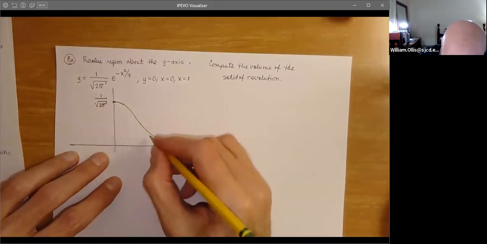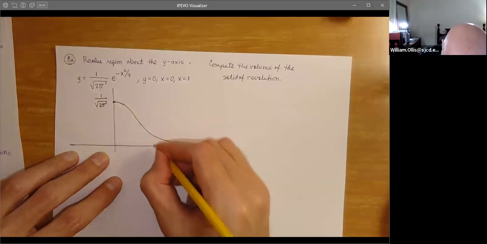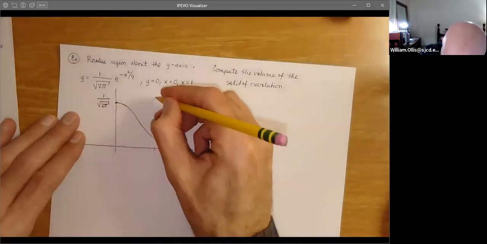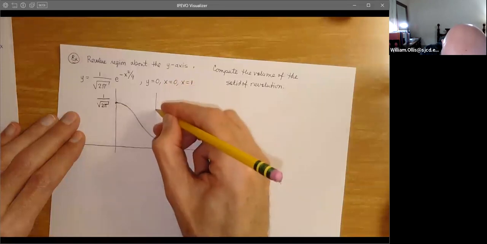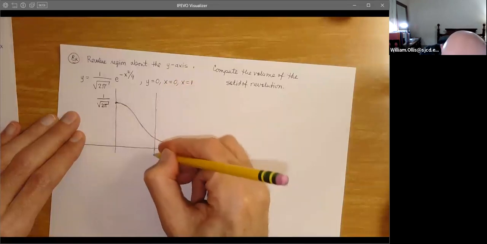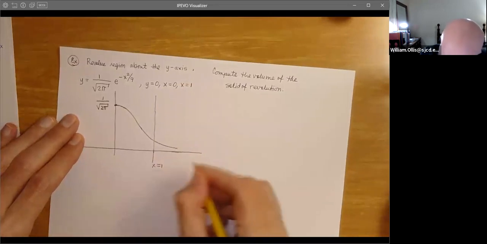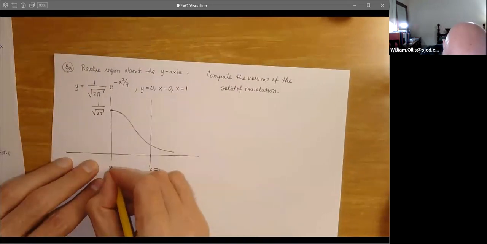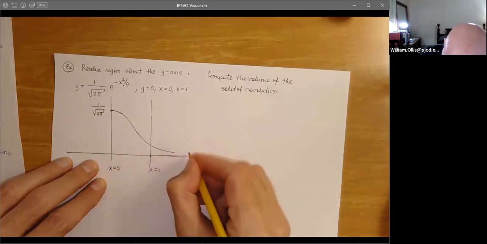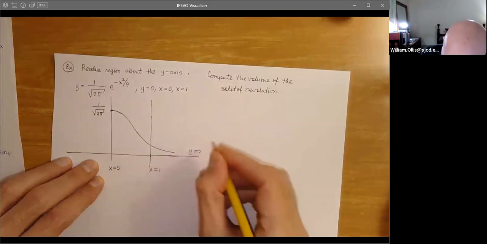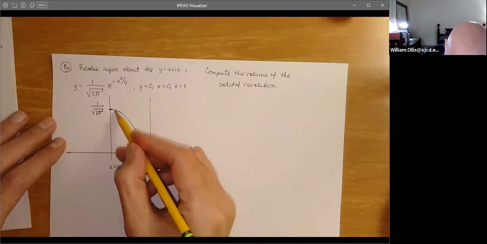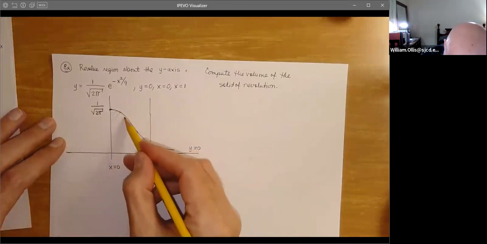And now I'll go ahead and draw x equals 1, just to spread it out so you can see it. So we have x equals 1, x equals 0, and then of course we have y equals 0. So now you can see that the region is right here.